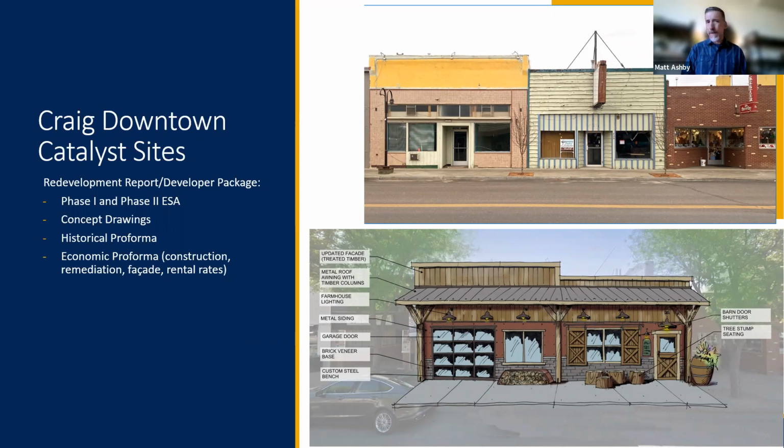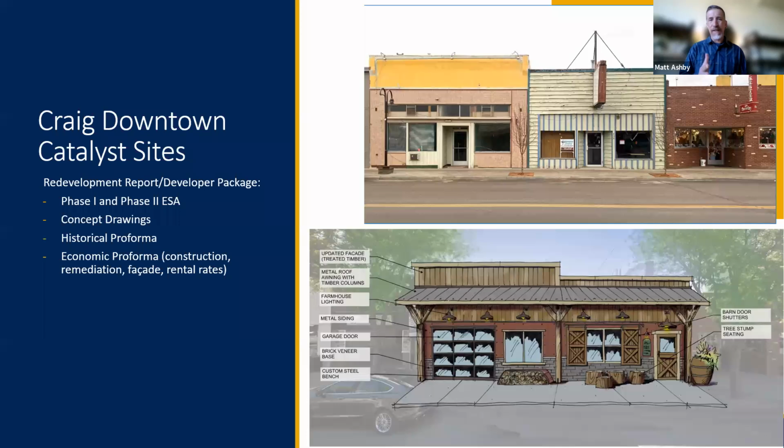So summary of the phase 1 and phase 2 ESAs, concept drawings like the ones that you're seeing here on the screen, pro formas for economics, in this case specifically, kind of bringing in that business side of things. The recommendation was currently this space is all one large restaurant.